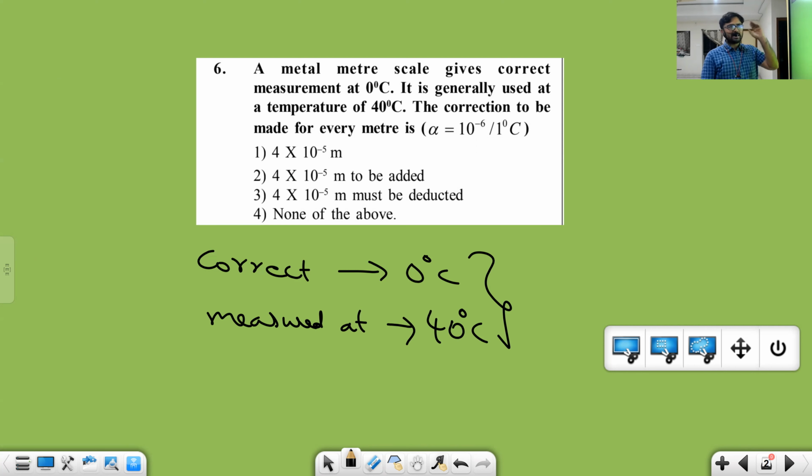Did you notice? Initially it was 0, now it became 40. From 0 to 40, the temperature has increased.